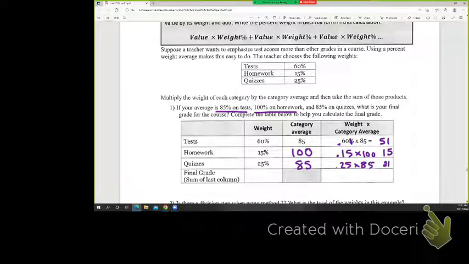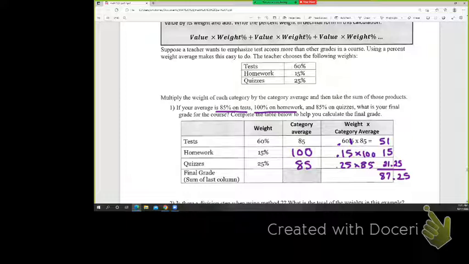I think that's 21.25. Now if we add these numbers together, 51 plus 15 is 66, plus 21.25, I get 87.25.